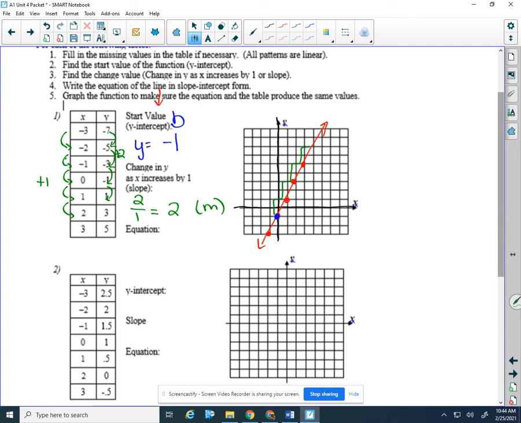And then the last thing for writing an equation, the equation of a line is y equals mx plus b. Hopefully you remember that from junior high. And what we have to do is put the 2 in the m spot, and this -1 goes in the b spot. So our equation is y equals 2x.